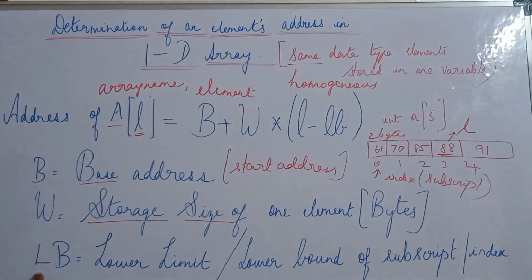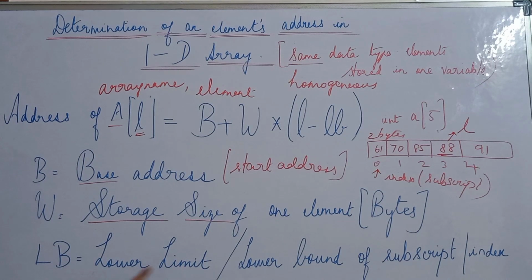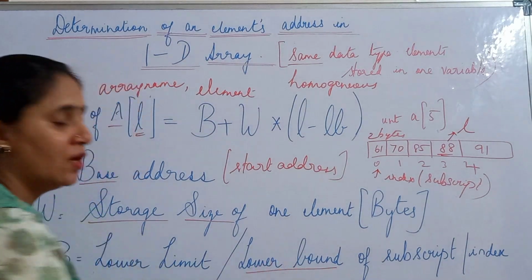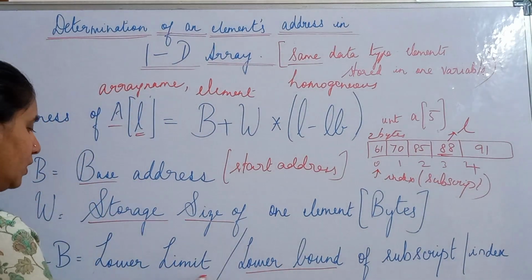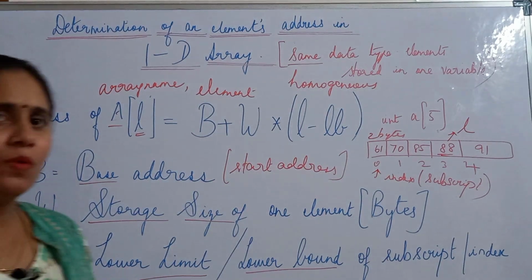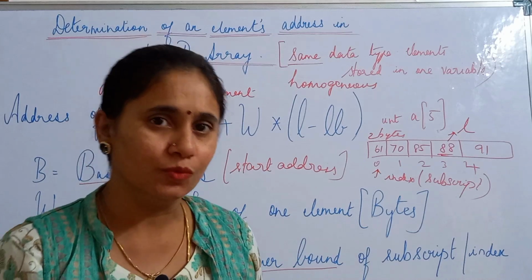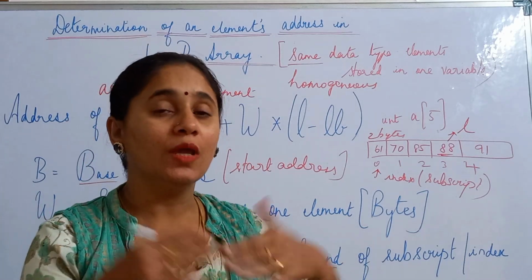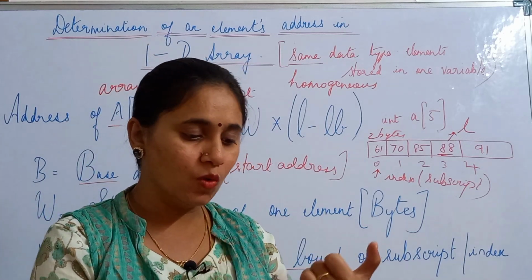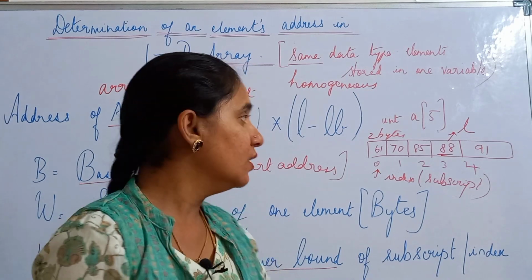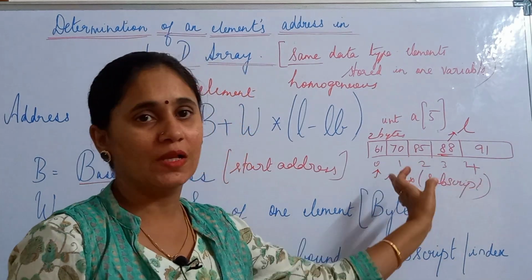The next one, what is LB? LB stands for lower bound, or another name is lower limit. In an array we must be able to find out what the lower bound and upper bound are between the index values.